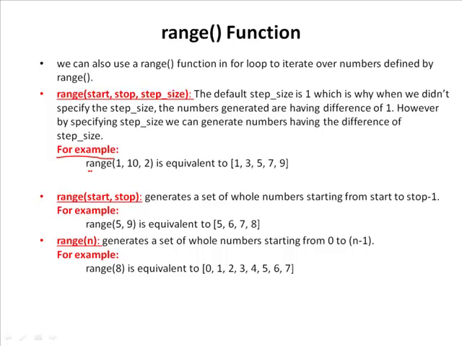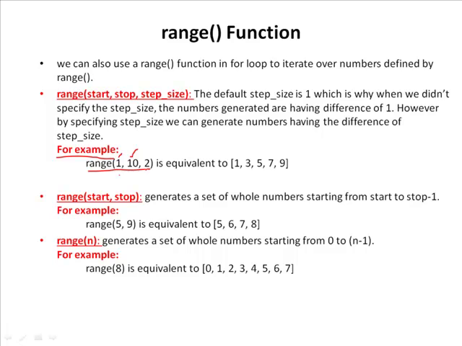Here this range function has 3 parameters. The first parameter is the start value, that is 1, the second parameter is the stop value, that is 10, and the third parameter is the step size value. So here this sequence starts from 1 and it will generate the numbers up to 9 only, because 10 is not included, because the stop parameter will take only n-1 value, and this step size is 2.